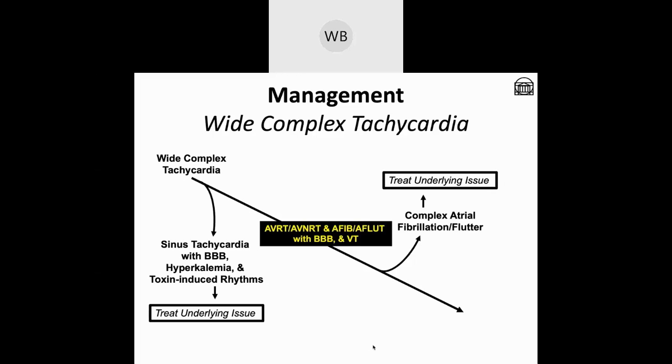And that's very important to identify because the typical treatment approaches we have for AFib with RVR, which include our rate controlling drugs like intravenous diltiazem and intravenous metoprolol and electrical cardioversion for unstable patients, may not always work appropriately and could potentially cause harm in these complex scenarios.